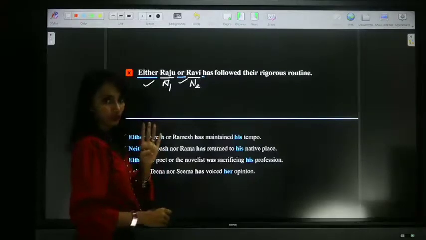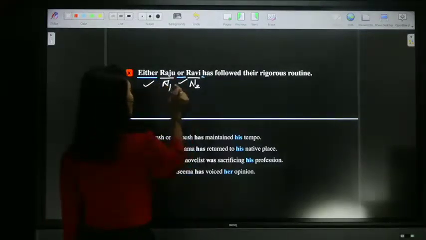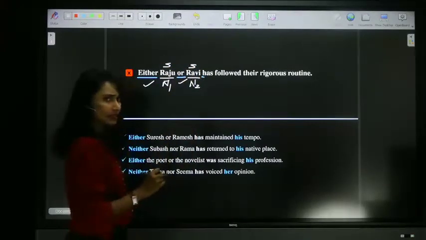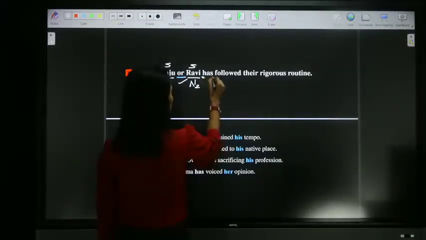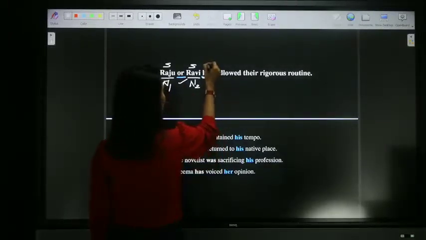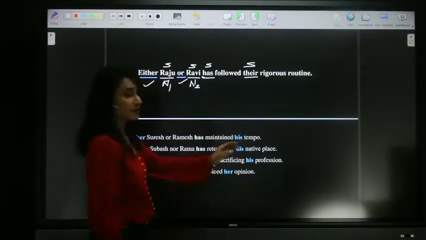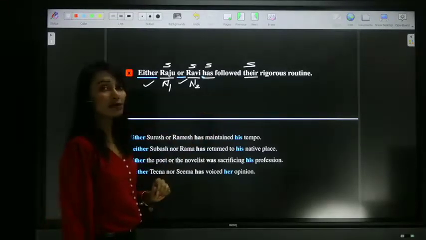Now fourth one. Either or, connected by noun 1, noun 2, which are singulars, right? So when two nouns are singular, the verb must be singular, and when verb is singular, the pronoun must be singular. But what is given here? Their, which is a plural pronoun.